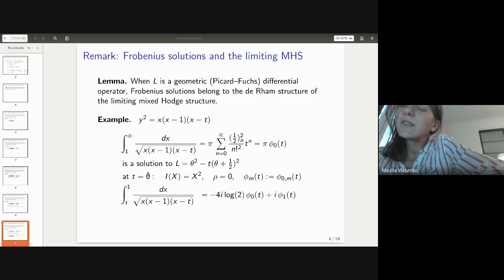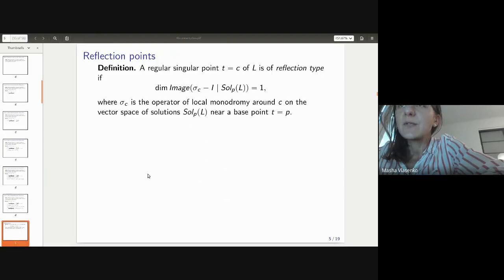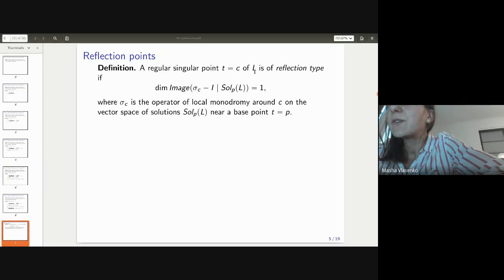And let me continue, because I'm going to speak about the particular case of this situation. So let me finally introduce Frobenius constants. To do that, I need to explain what are reflection points. These are singularities of a certain type. So a regular singular point C of the differential operator L is of reflection type if, so here we take sigma C, the operator of local monodromy around C, acting on some space of solutions near some base point.